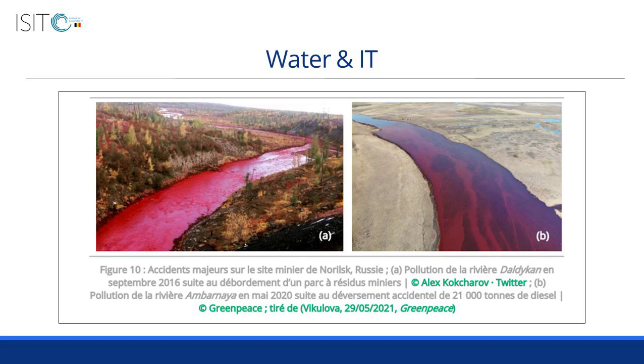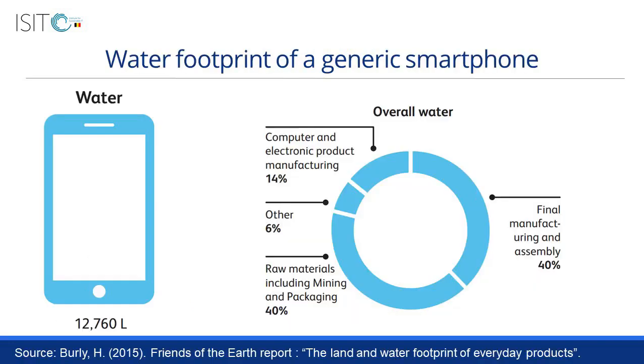Now, in 2015, a study was published that studied the water consumption of one smartphone. This is only the manufacturing of the iPhone, so this is not the end phase or the use phase, and it amounted to a crazy amount of 12,760 liters.